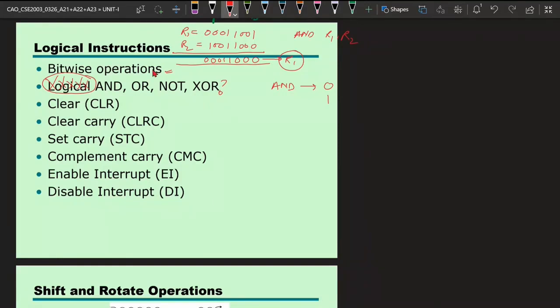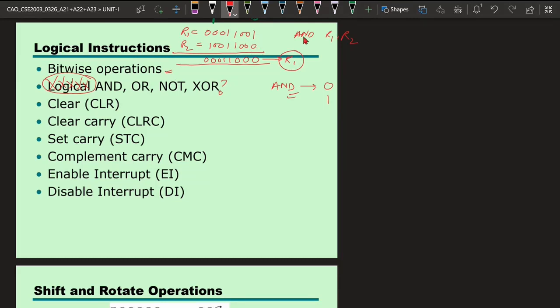Only the bitwise operations are performed with respect to CPU operations. So if data is given, we will be performing the bitwise operations only. This is how the bitwise operations are basically performed.